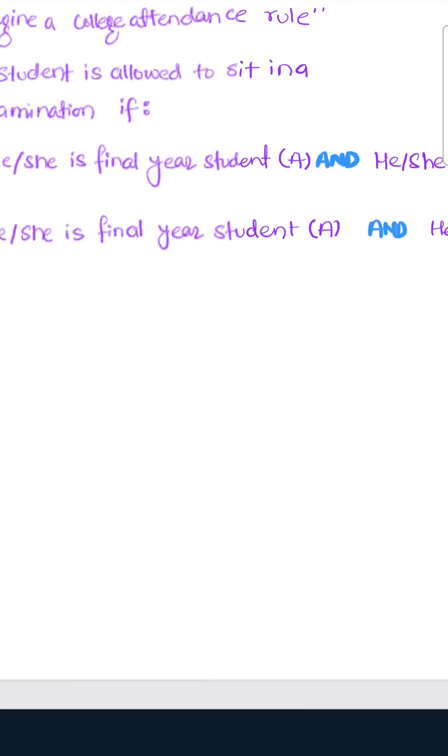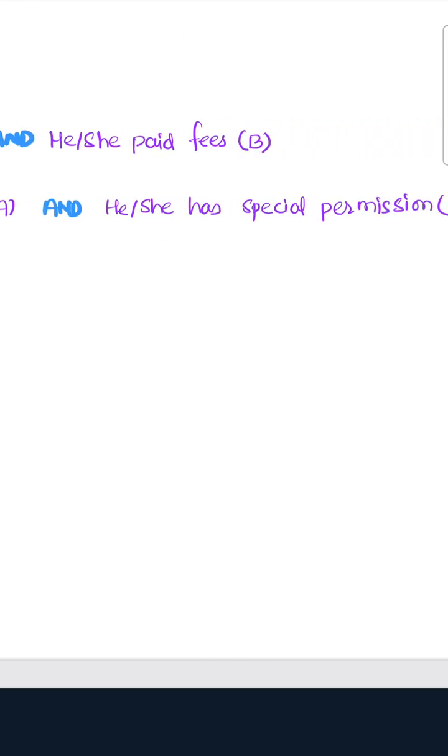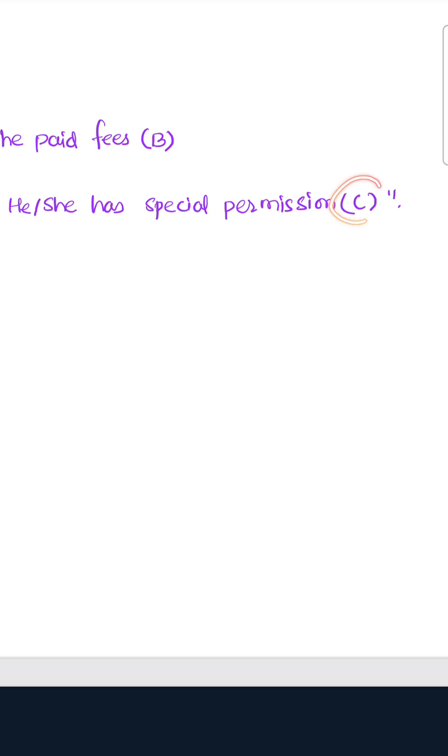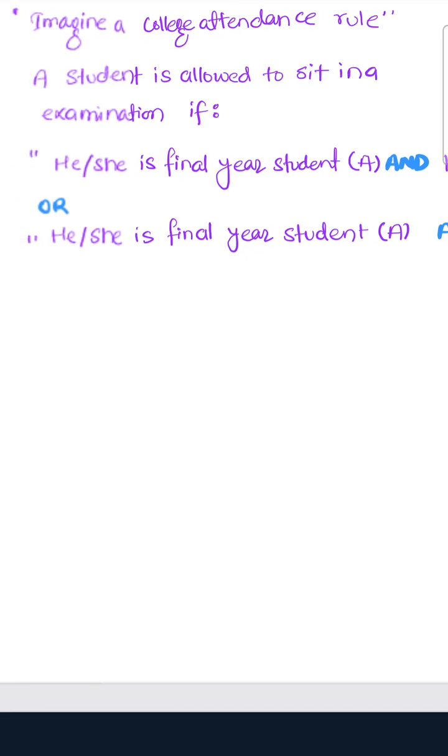Okay, and another way to be qualified for the examination is if he or she is a final year student, which is same as the previous one represented by condition A, and he or she has special permission, like sometimes you go to the principal's office and ask her to sign on a chit, which is represented by C. In both the cases you are allowed to sit in examination, right?